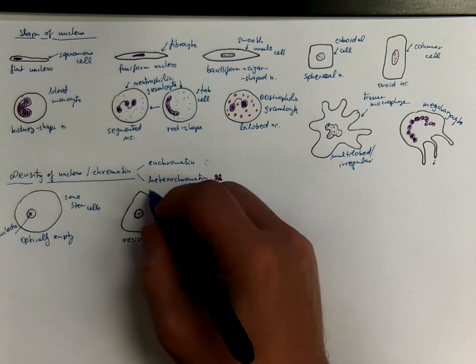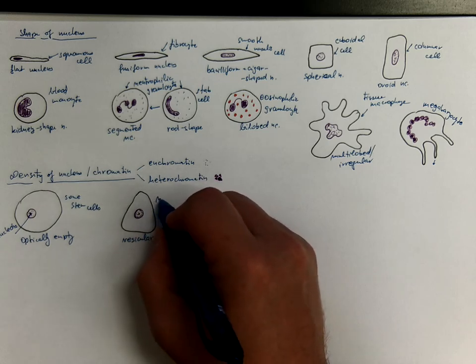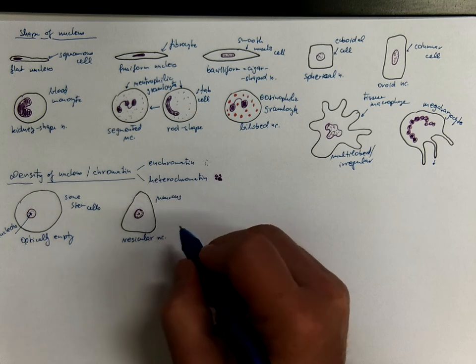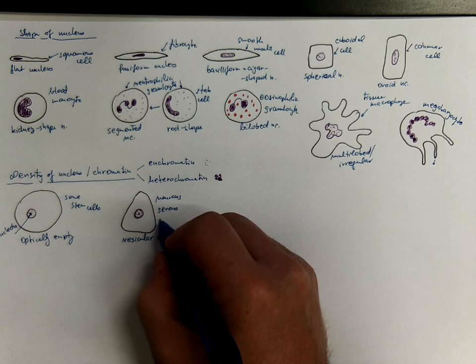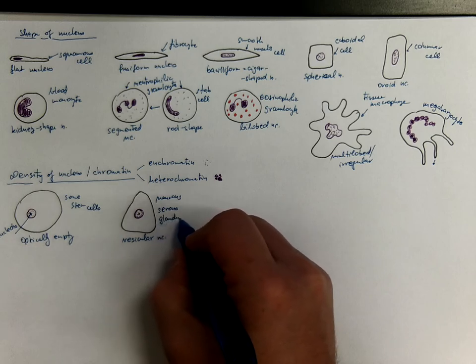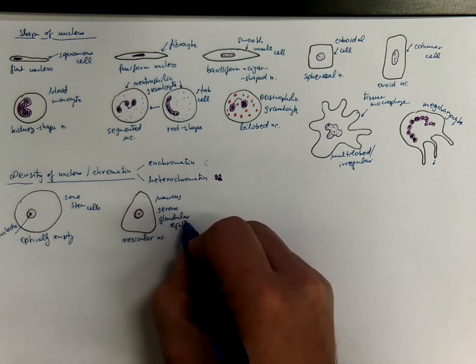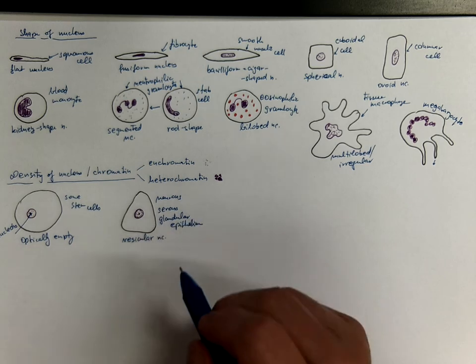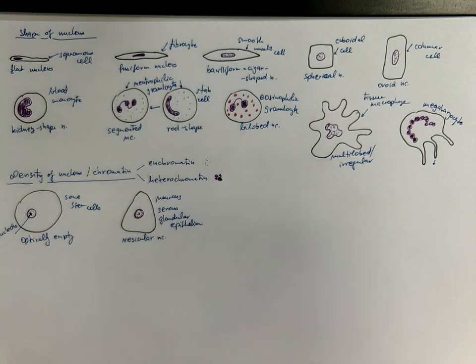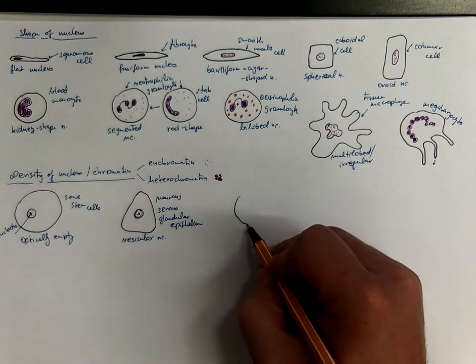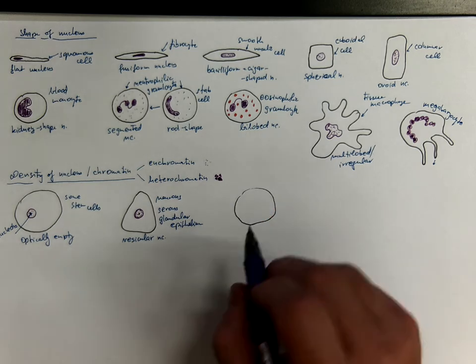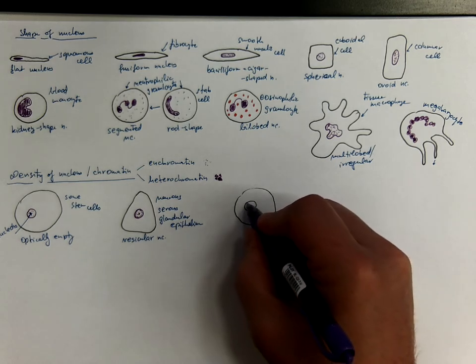Vesicular nucleus, such as in some neurons or serous glands, specialized for producing proteins. Most cells are somewhere in the middle, so you can see various patterns of a heterochromatin and the light euchromatin.